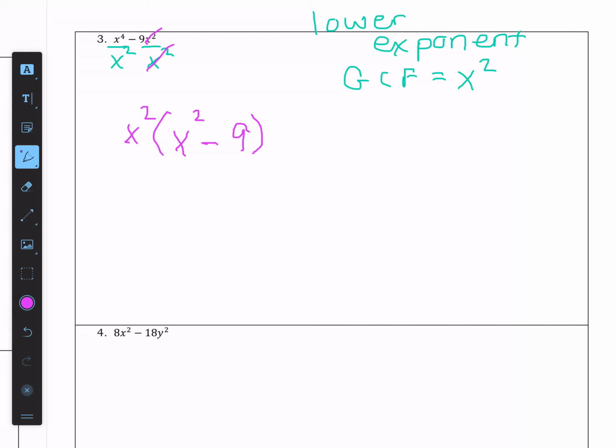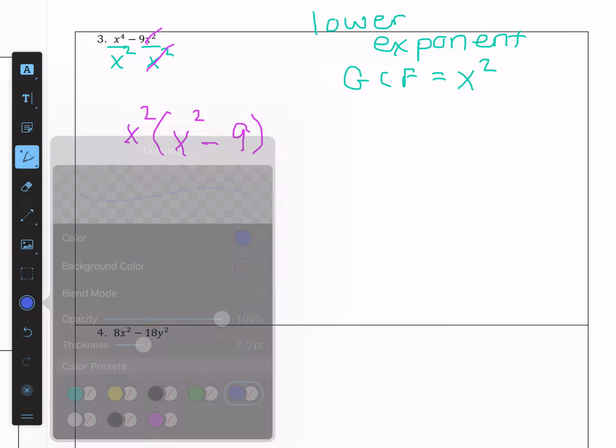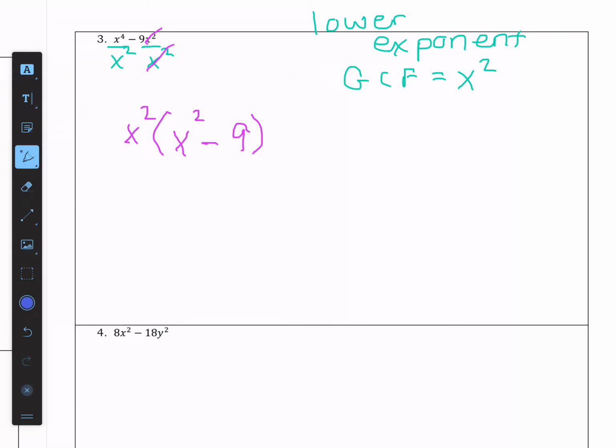Now you want to take a minute and look at what you have and ask yourself, can we go even further? So we're dealing with subtraction, which is difference. We know that x squared is a perfect square, and we know that 9 is a perfect square. So the square root of x squared is x, and the square root of 9 is 3.